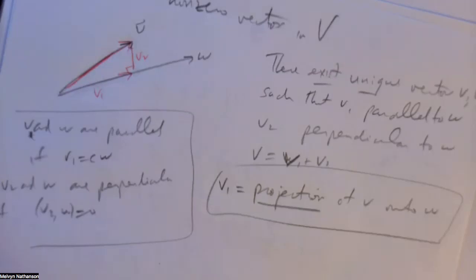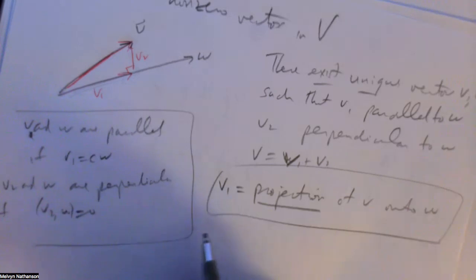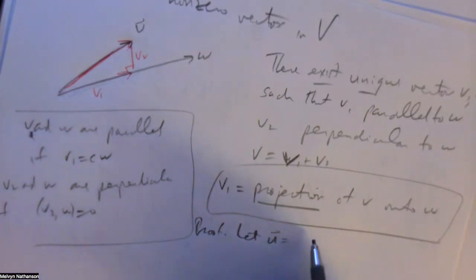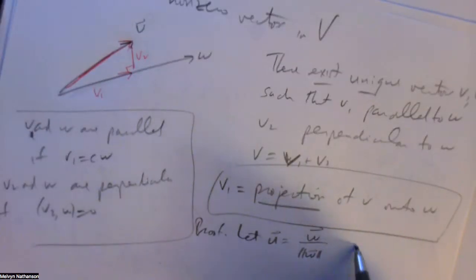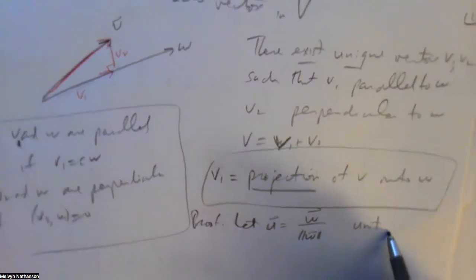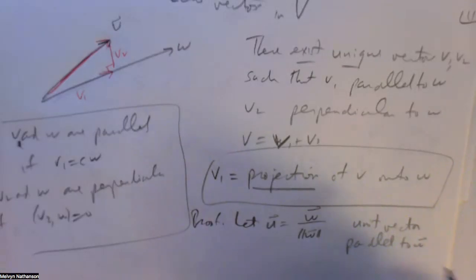It's a little bit easier to start if we take a unit vector in the direction of W. So let U be the vector W divided by its length. So this is a unit vector parallel to W, or in the direction of W.